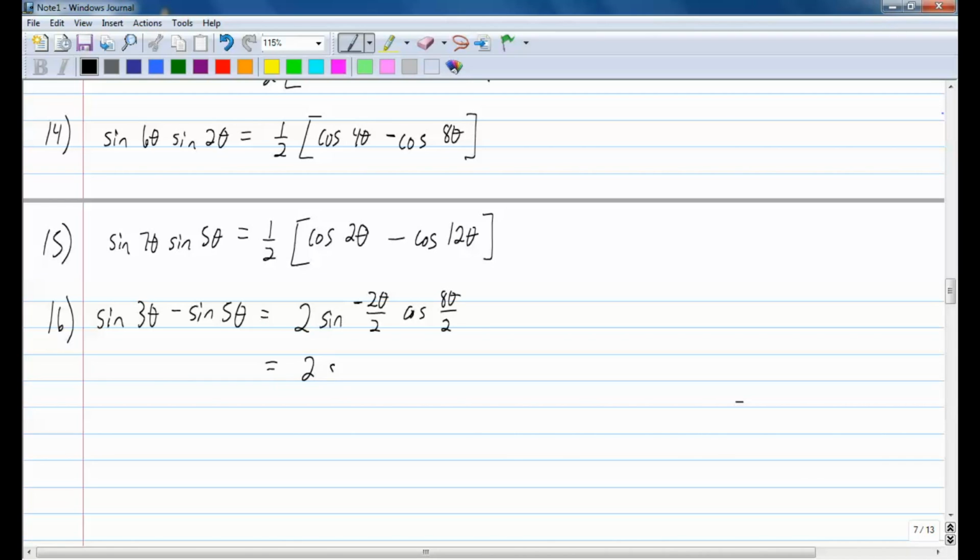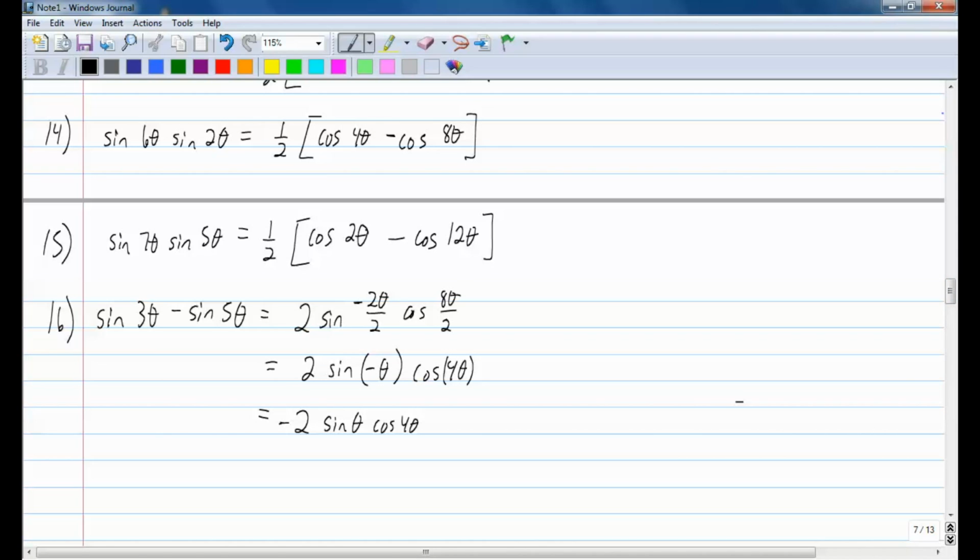Alright, so it's going to be 2 sine of negative theta cosine of 4 theta. When you have a negative here, apply the even odd property, so that's going to be negative 2 sine theta cosine 4 theta. Just take the negative and move it in the front.